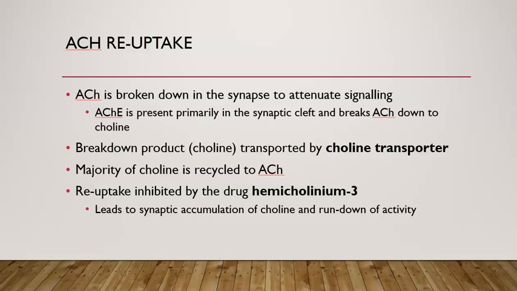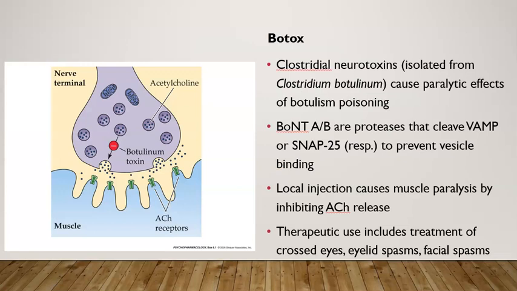The release of acetylcholine gets slowed down, so you pretty much turn off the whole system. Everything gets backed up in the synapse, and all the acetylcholine turns into choline, and nothing can really happen anymore.